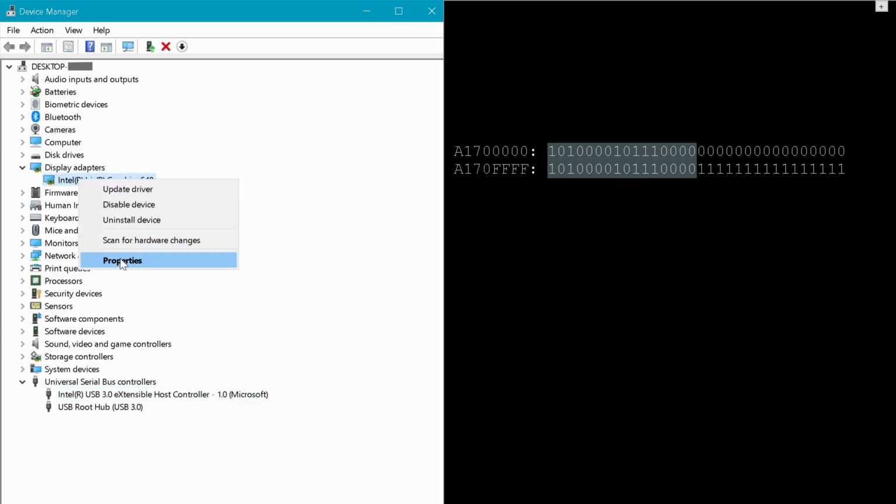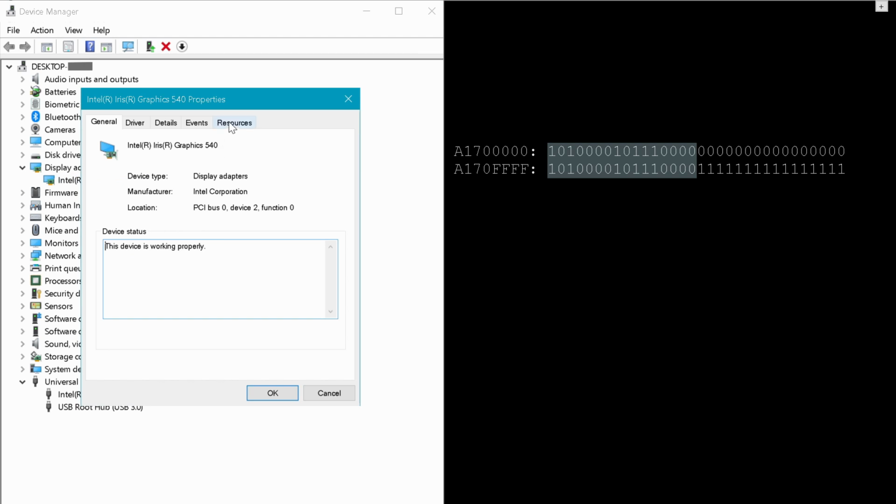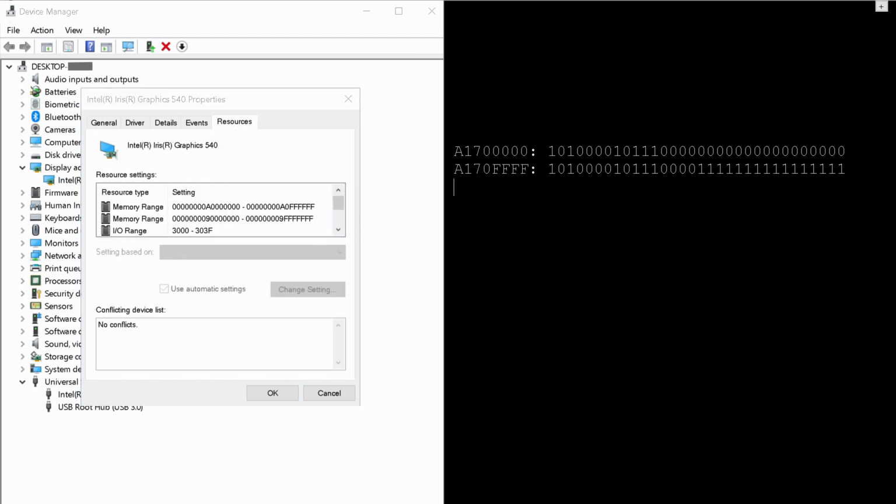We'll right-click on that, go to Properties, and go to Resources, and we see that this device actually takes 2 sections of memory. One starting at A, followed by 7 zeros, which when you convert to binary is 1010, and then followed by 7 nibbles worth of zeros. And then you have a high address of A0, followed by 6 Fs.